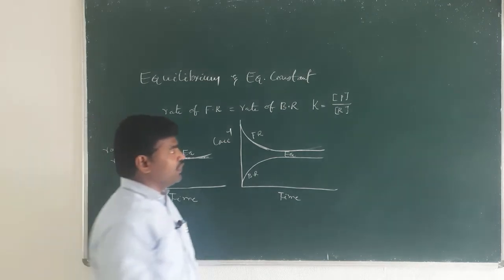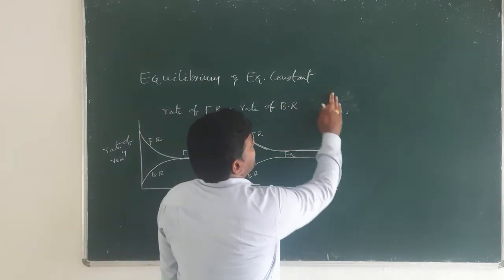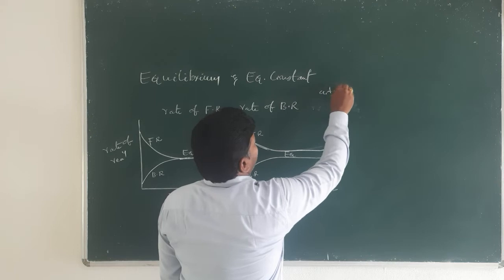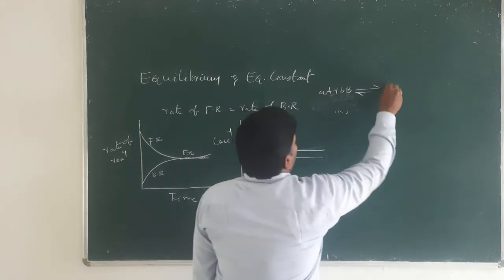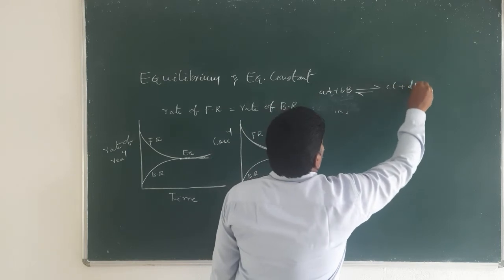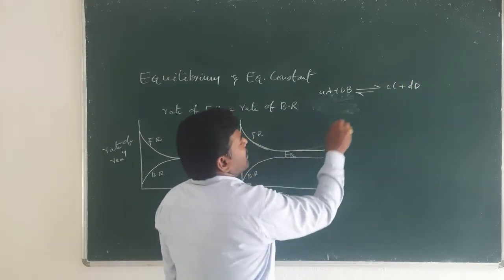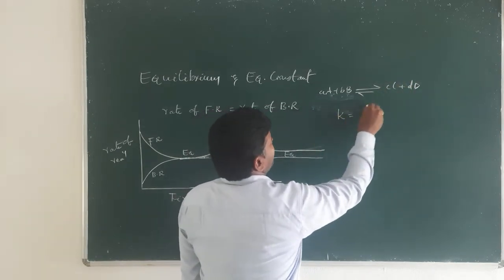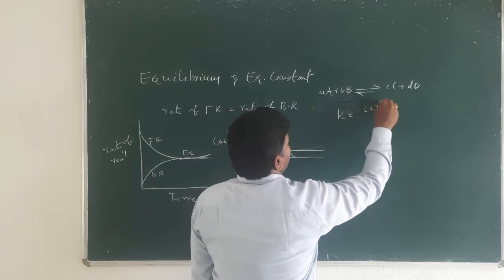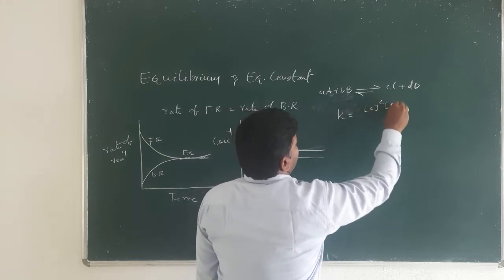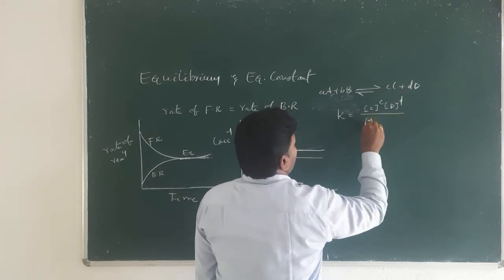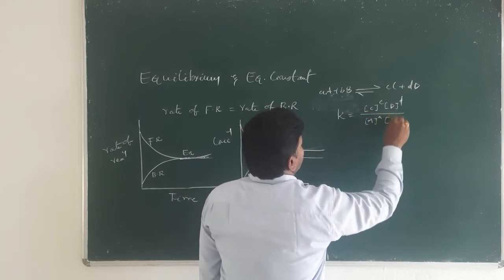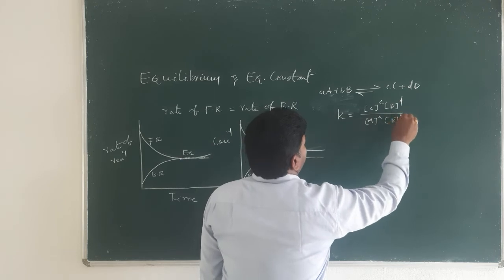For example, let us consider the reversible reaction, a moles of A plus b moles of B reversible reaction c moles of C plus d moles of D. For this we can write the equilibrium constant as concentration of C power c and D power d, by concentration of A power a and concentration of B power b.